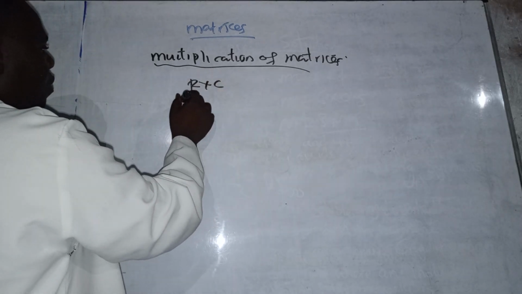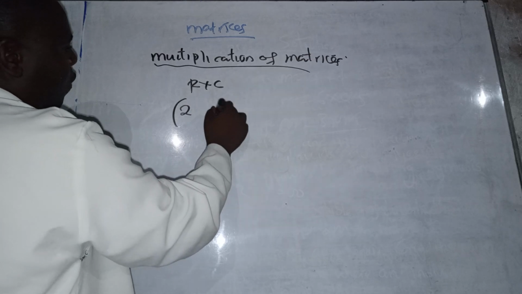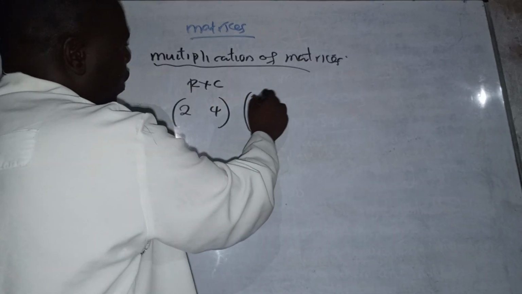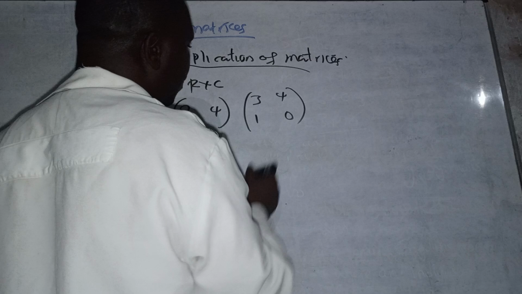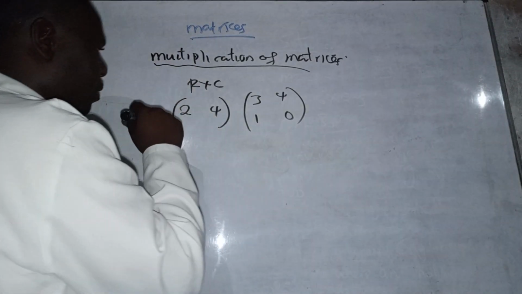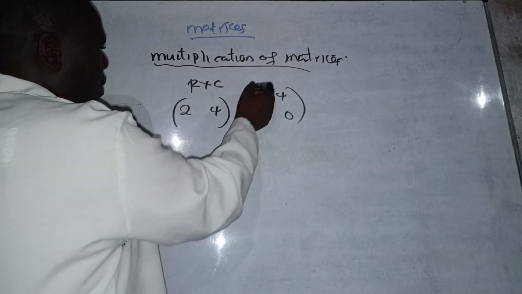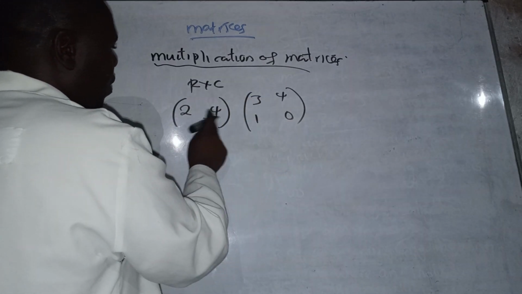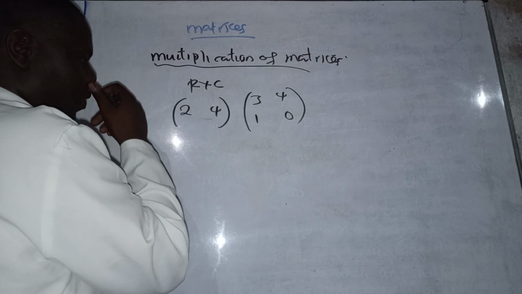For example, if you have 2, 4 here, then here we have 3, 4, 1, 0. So the best way of multiplying the matrix is by using row by column. First we need to come up with the order of the matrix.